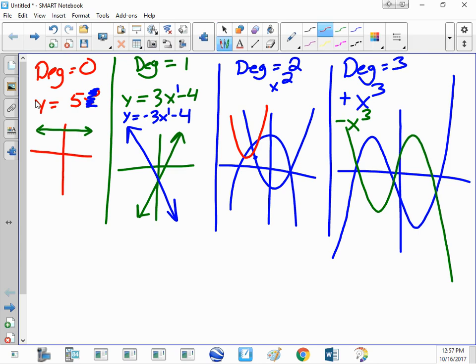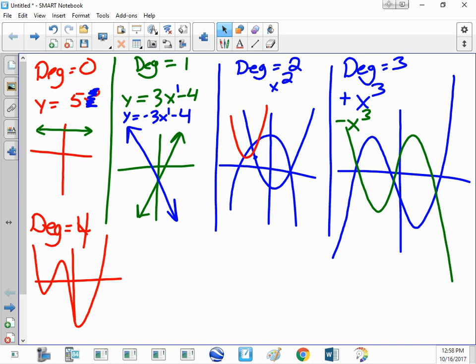All right? What about degree equals 4? What is that going to look like? It could be a W. So it could look like this. I could have 4 answers. Is it possible to get 3? Well, if I move this up, now it has 3. Is it possible to get 2? Now it has 2.